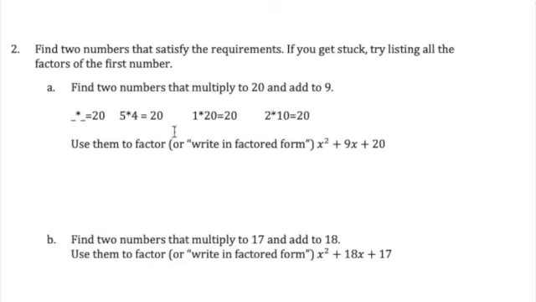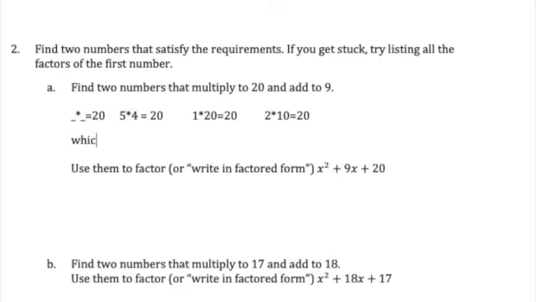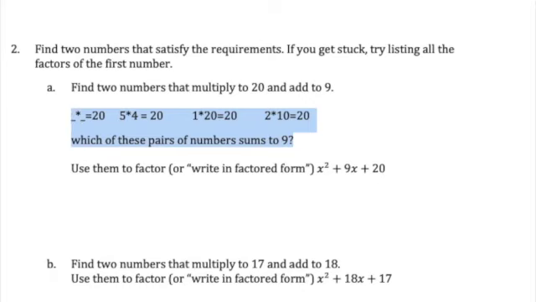So now I want to see which of these pairs of numbers adds or sums to 9. And that winning pair is, hopefully you saw it when I did it, but it's this one right here.